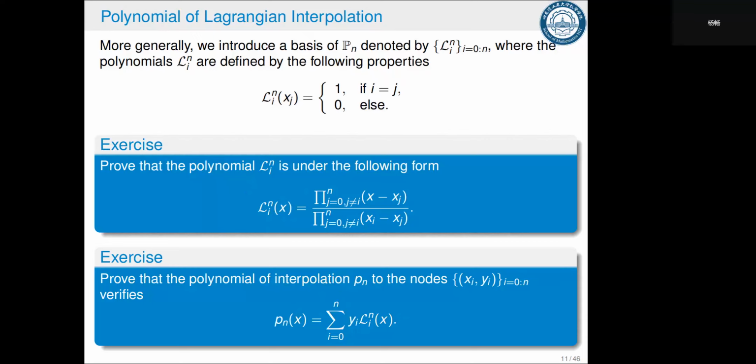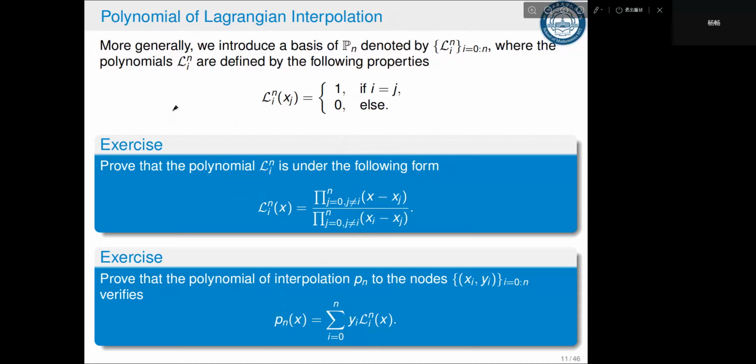I will first check that the polynomial given in the second exercise really verifies the interpolation condition. And then next time, I will show you that the polynomial basis is given by this one. So let's check that this is true.